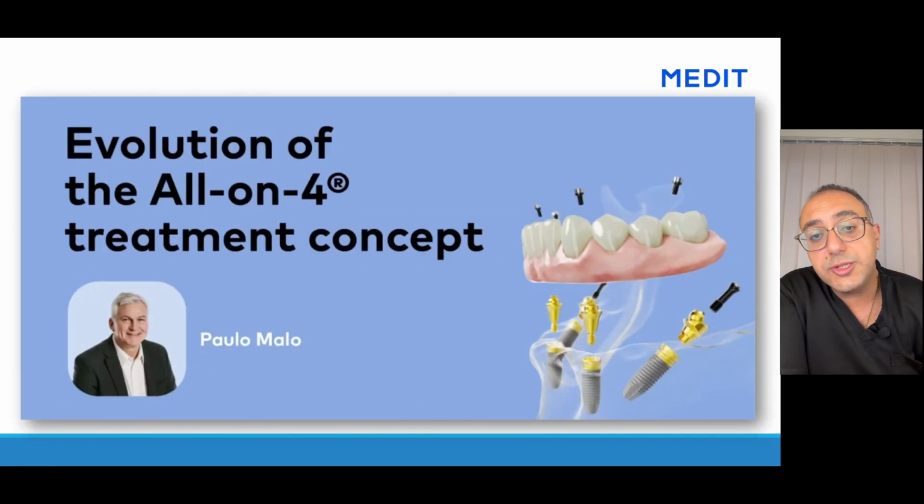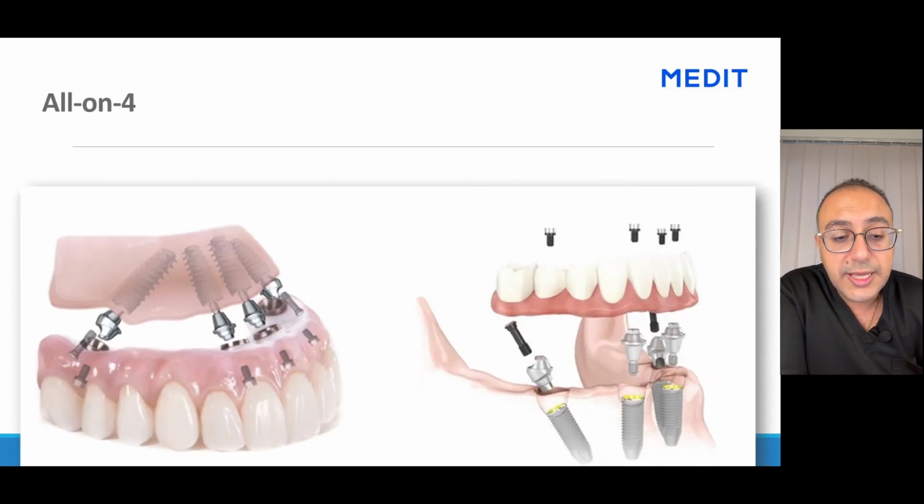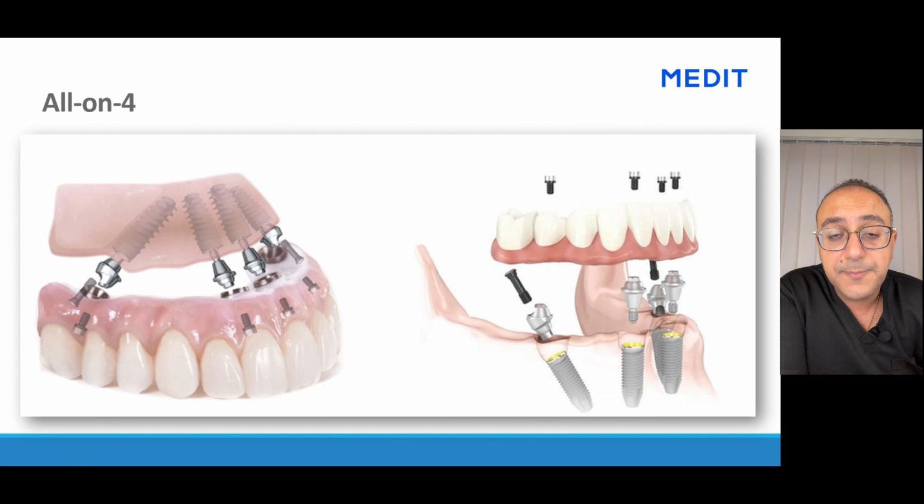So what is the concept of the all-on-4, the treatment concept by Paulo Malo? The concept is to put 4 implants but tilted. Tilting the implants towards distal, to put longer implants and to increase the anterior-posterior spread between implants, and also to avoid the anatomical structures that you cannot avoid.